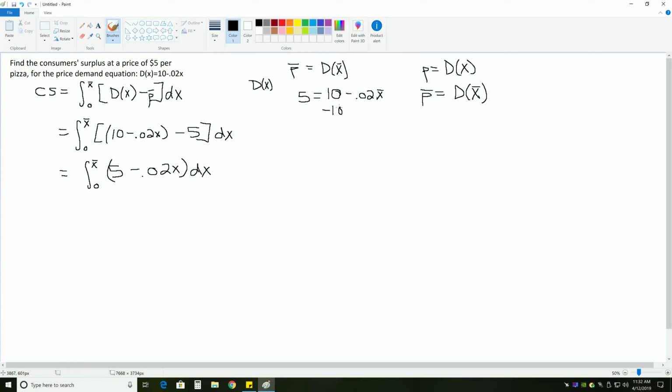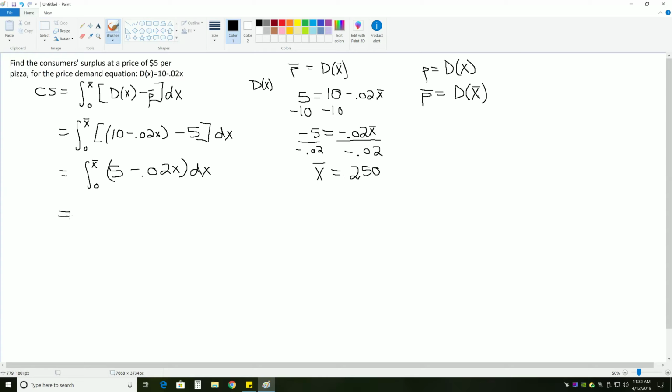We'll start by subtracting 10 from each side, giving us negative 5 equals negative 0.02 x bar. And then if we divide each side by negative 0.02, we're left with x bar equals 250. So that's our quantity sold when we have a unit market price of $5 per pizza.